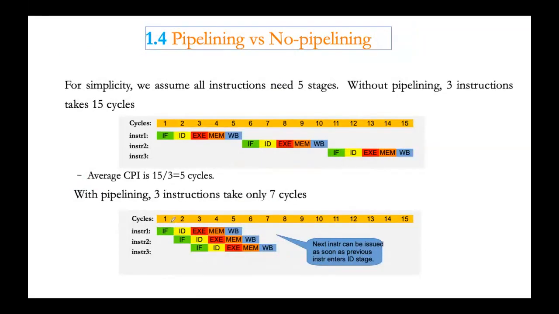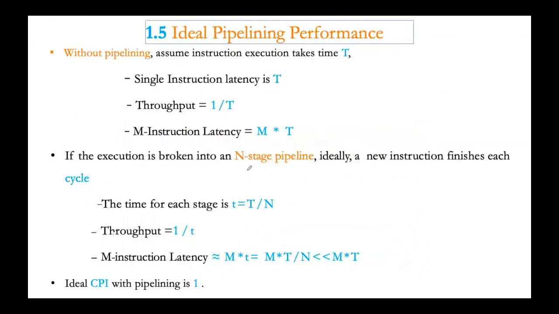As we saw, in the first cycle only 1 instruction finishes, in the second cycle 2 instructions are progressing, in the third cycle 3, and in the fourth all 3 instructions are finishing.